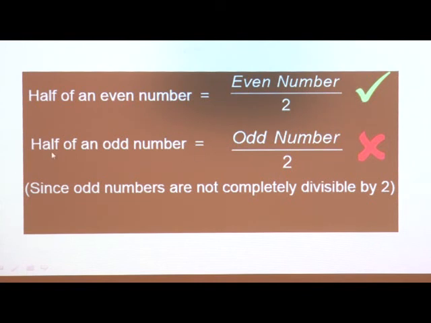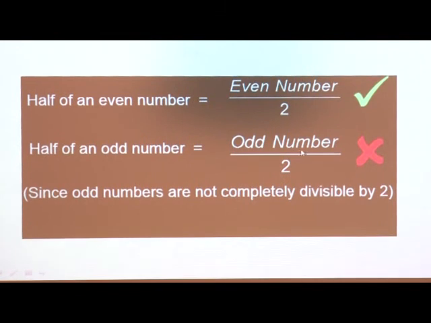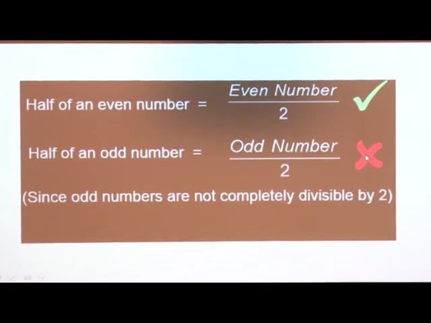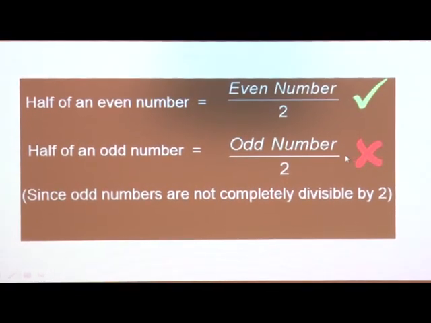But now we will see half of an odd number. You know what the odd numbers are: 1, 3, 5, 7, 9. These divided by 2, we can get an answer, but we will get it in the form of decimals, and here we are learning fractions. So we are unable to find the half of an odd number, as odd number upon 2, as a fraction.